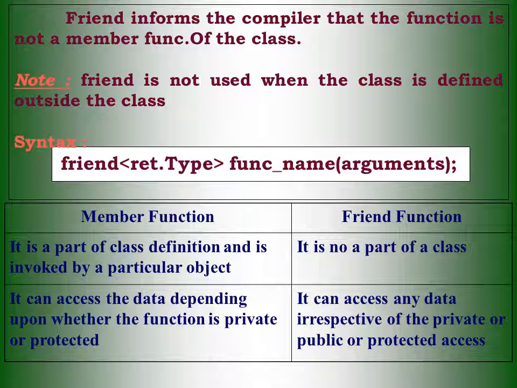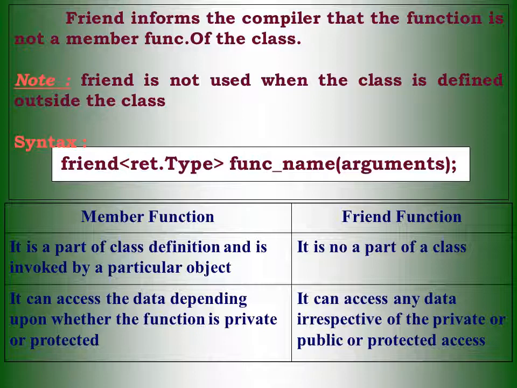Then, the difference between a member function and a friend function. A member function is invoked by a particular object. We create a separate object for a class, and by using that we can invoke the particular function definitions.